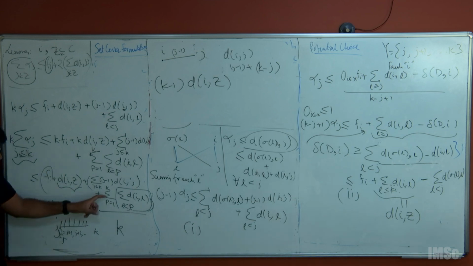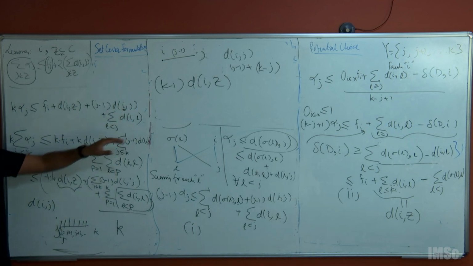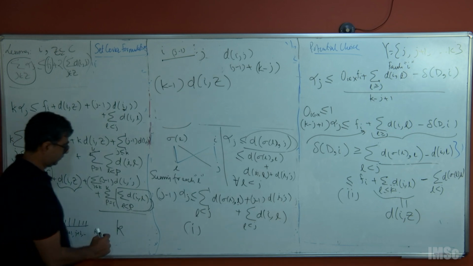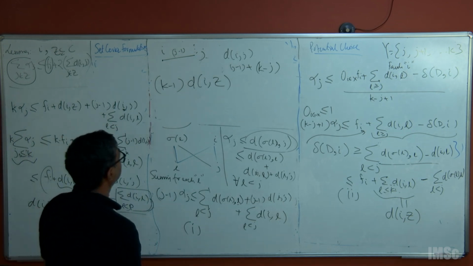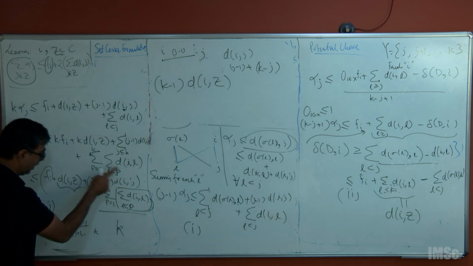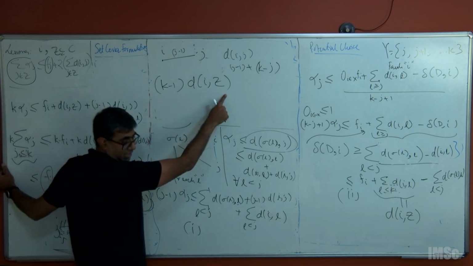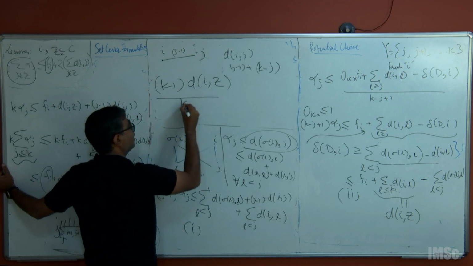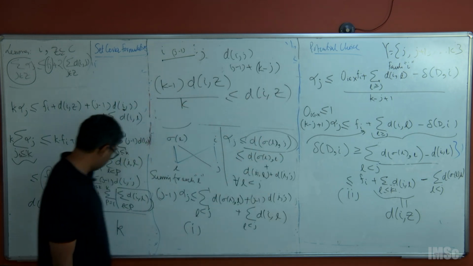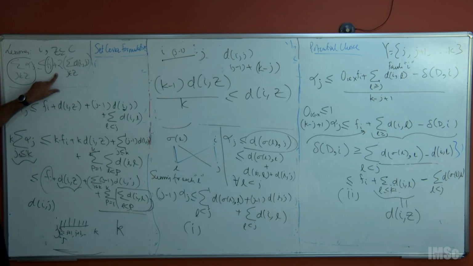This is exactly equal to this. So what did I get now? This is Fi, this is Diz, and this is k minus 1 times Diz. If you divide by k, it is less than or equal to Diz, right? Then we are done. This is what we wanted to show. Anyway.